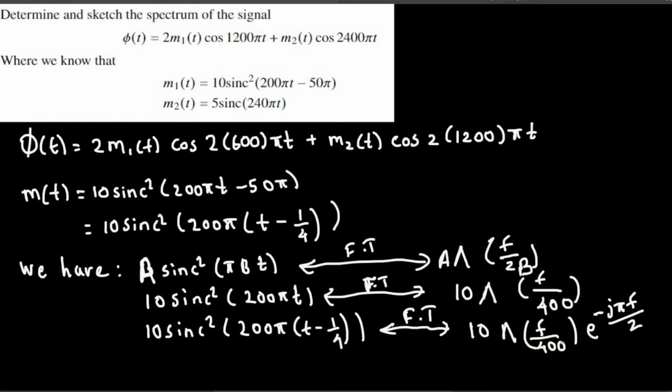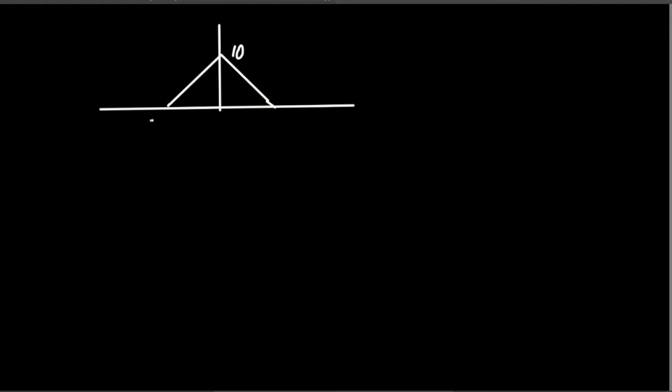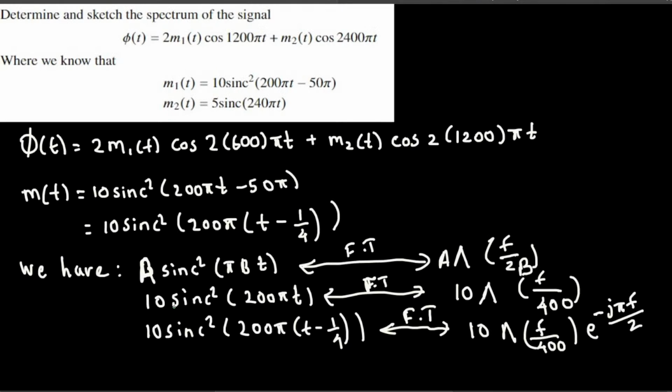So here it is 400, so it means it's going to start from negative 200 to 200. Now we know the period of this, we know the height of this. We just have to know where to locate it.